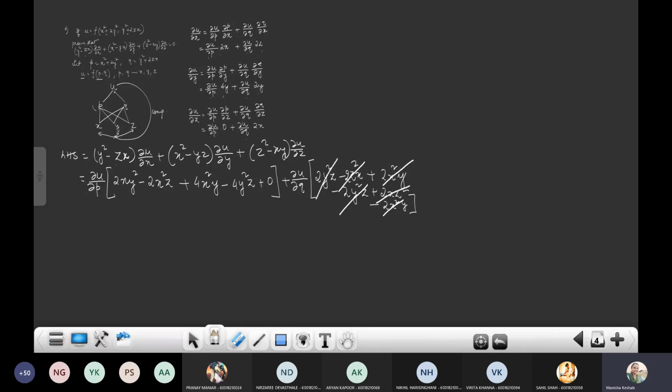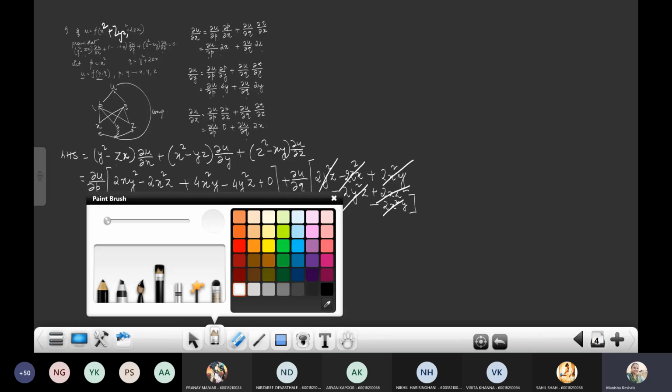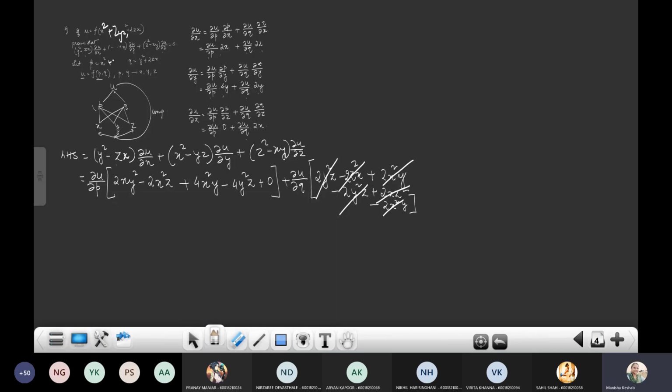This is coming as 0. What about here, 4y²z? Yes, the question was wrong here. So this should be x² plus 2yz. Written wrong: x² plus 2yz. So therefore here it will be x² plus 2yz.